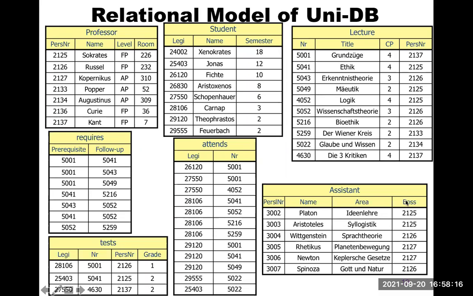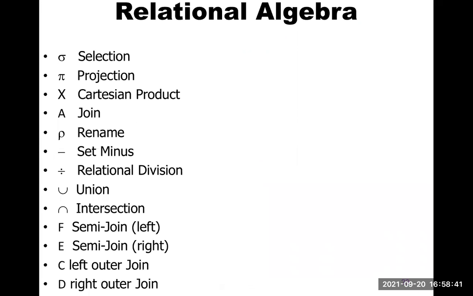So relationships of one to many are merged to the many side, to the entities on the many side, and many to many relationships can't be merged, so requires and attends are here, and tests too.